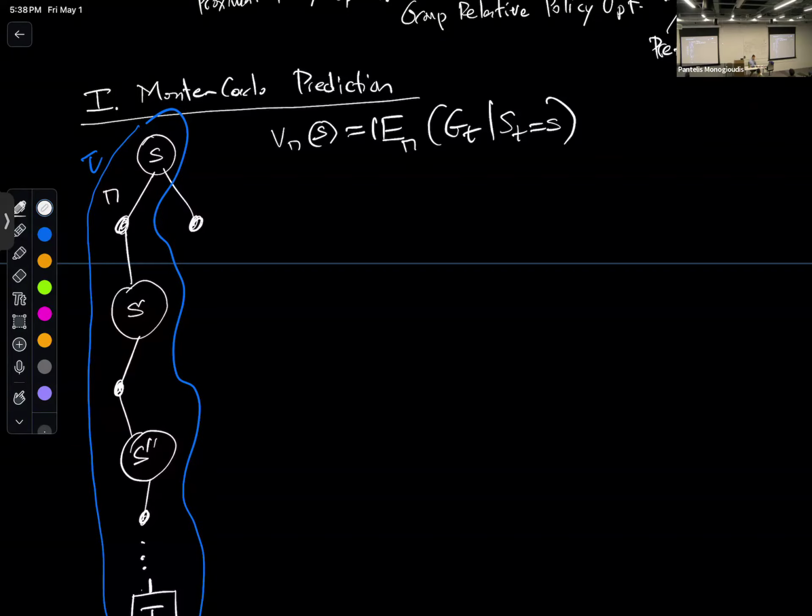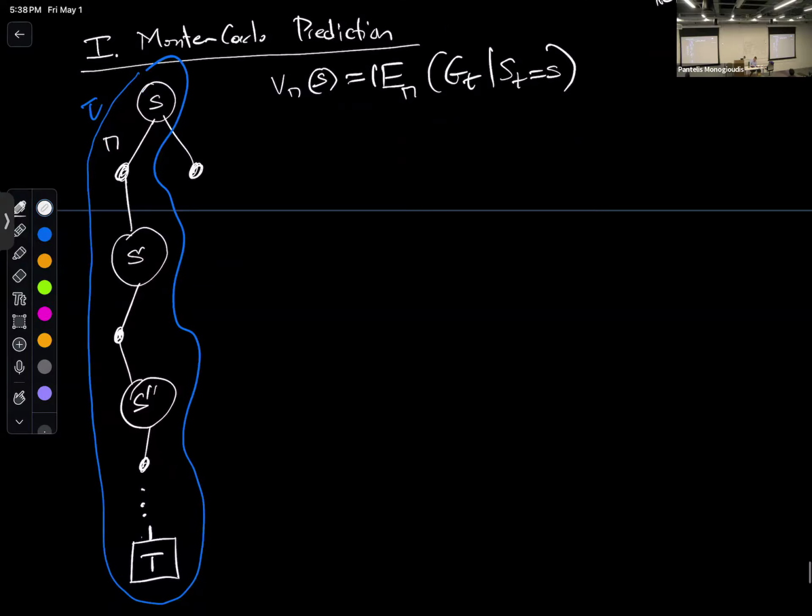We know, however, that GT is equal to the summation from K equals T plus 1 to capital T, which is the time until we reach the terminating state, of gamma to the power K minus T plus 1, times RK, where RK is whatever reward the environment sends us.